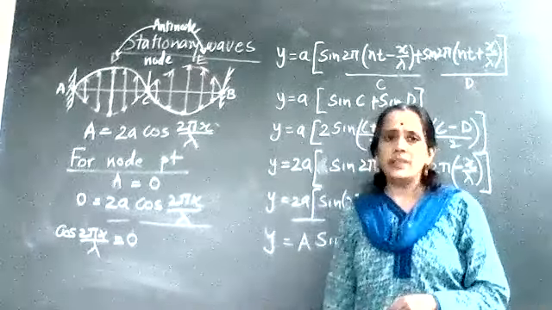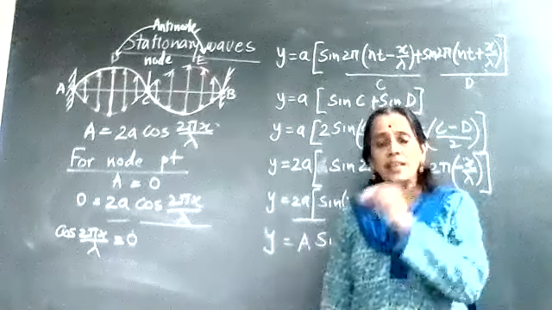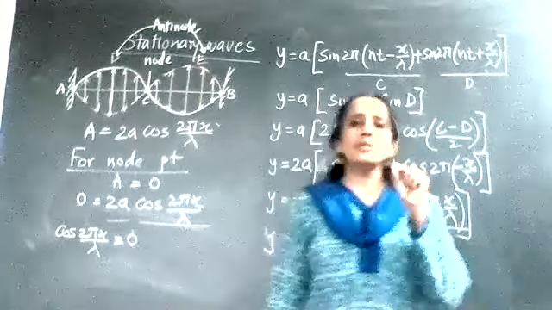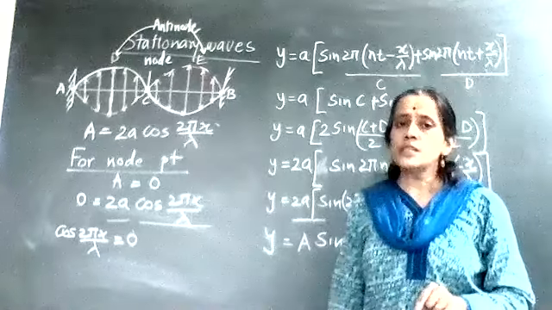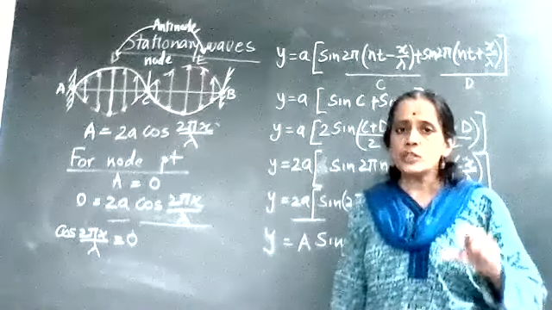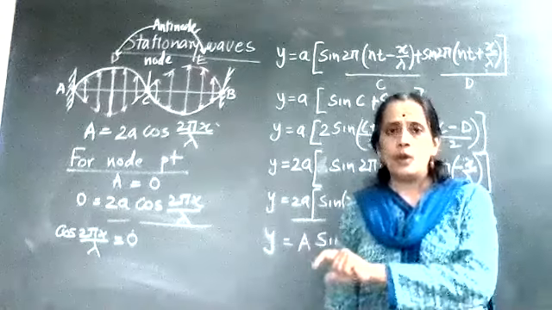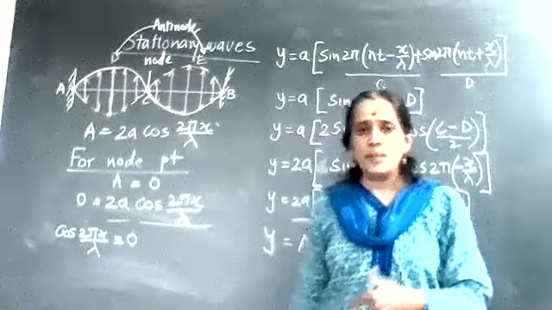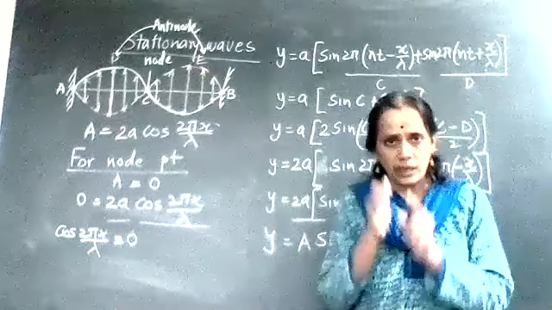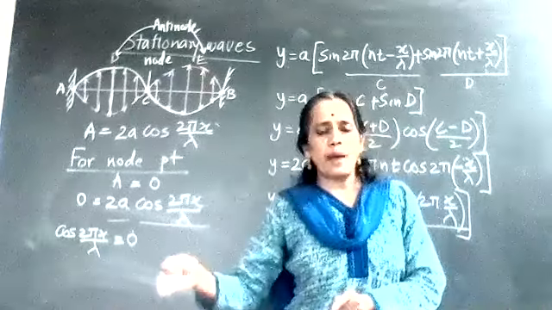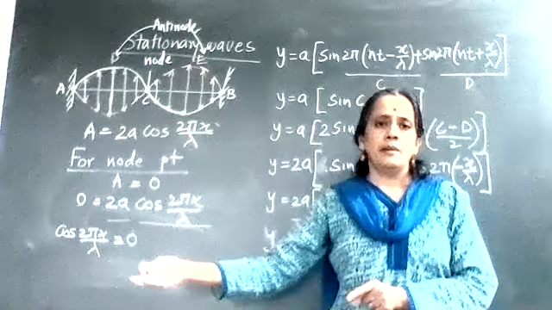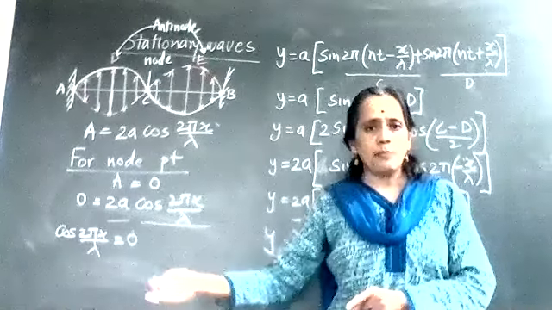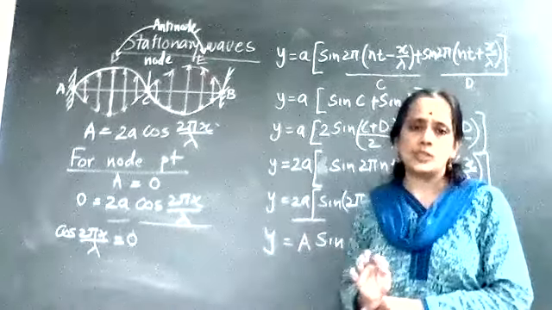That is, remember that cos 90 is 0, cos 270 is 0. Cos 90 is 0 means cos of pi by 2 is 0. Cos of 3 pi by 2 is also equal to 0. Means your theta value is either pi by 2 or 3 pi by 2 or 5 pi by 2. At that point, your cos angle will become 0.